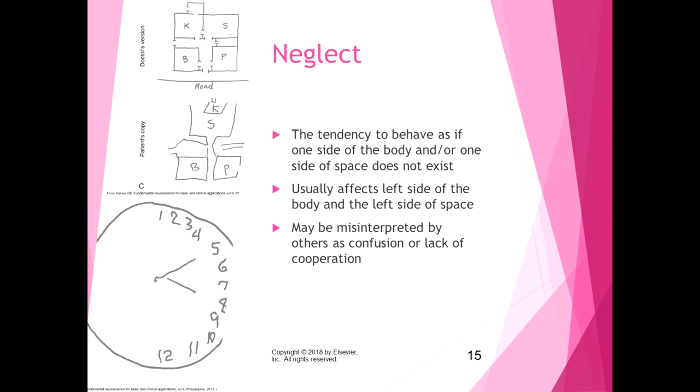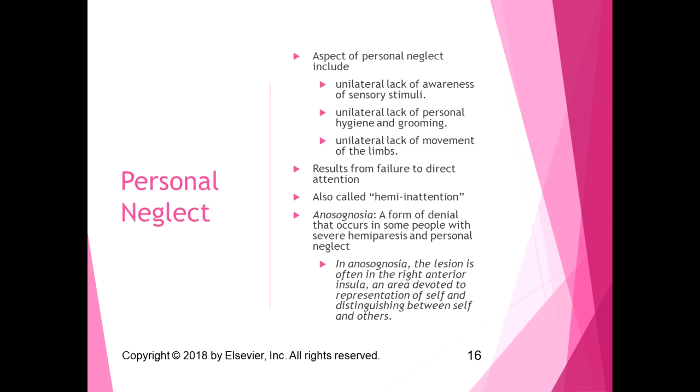And all the numbers are on the right side. Pretty interesting. And so the person is not aware of the left side of space. The other things that you can see with neglect is people don't eat stuff on the left side of their plate. They bump into stuff on the left side as they're walking.